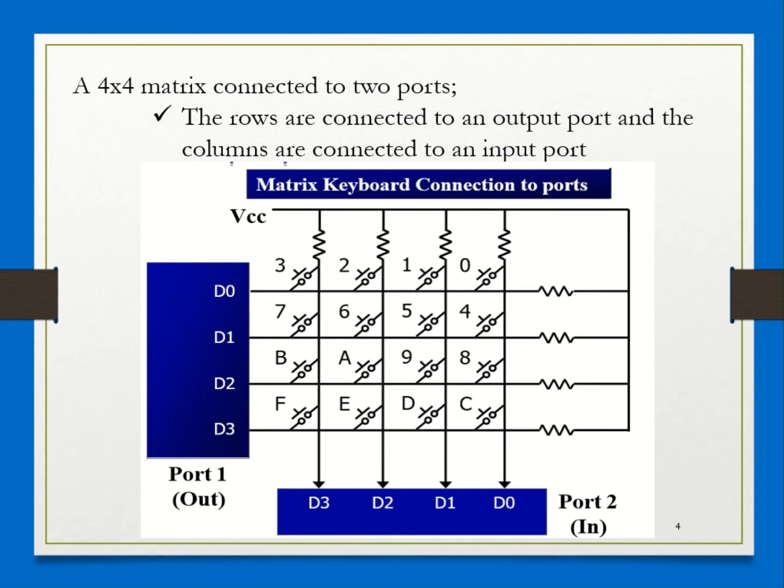Row 2, that is D2, has keys 8, 9, A and B, and the last row D3 has keys C, D, E, F. That's why I have mentioned this is the simplest hex pad, because you have hex keys 0 to F, right?